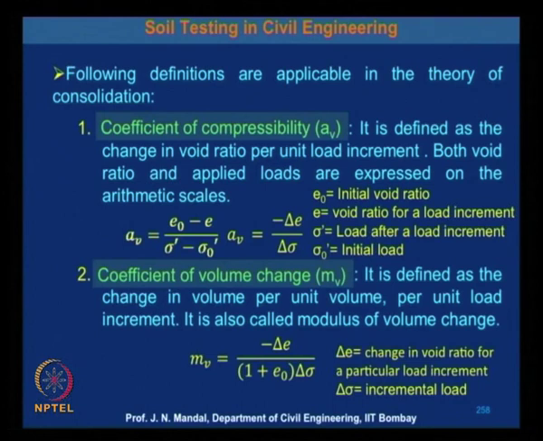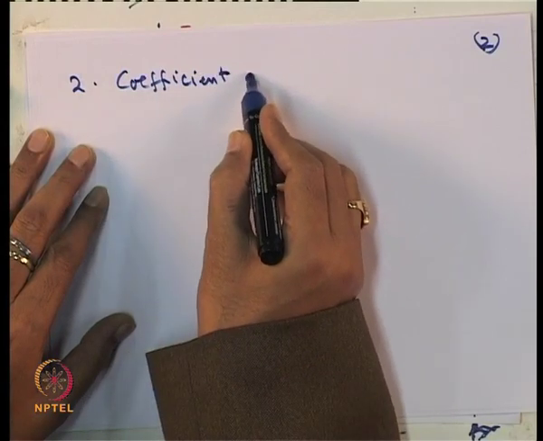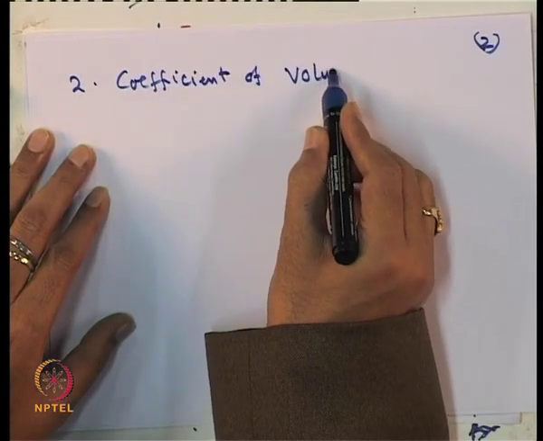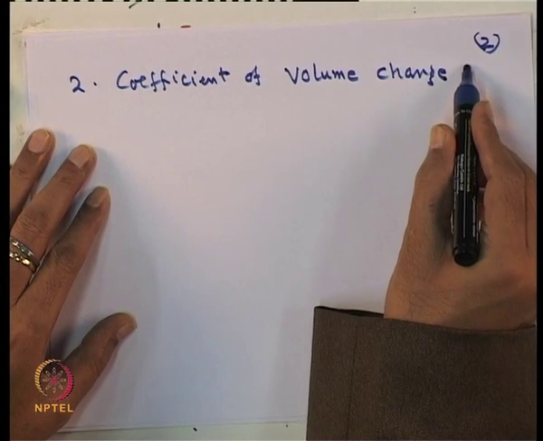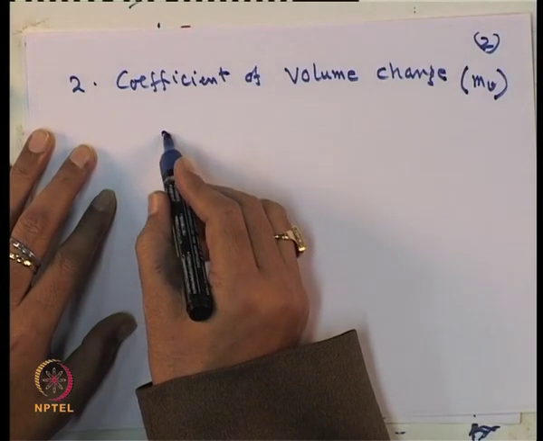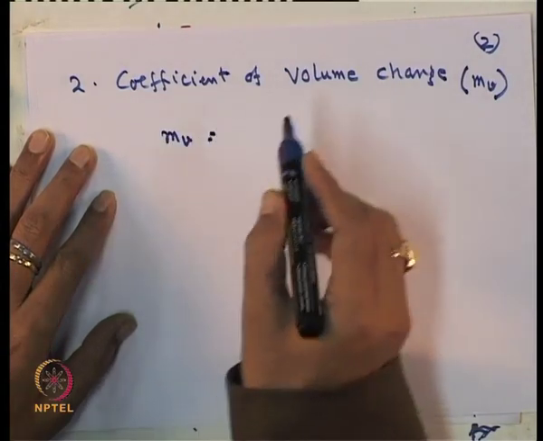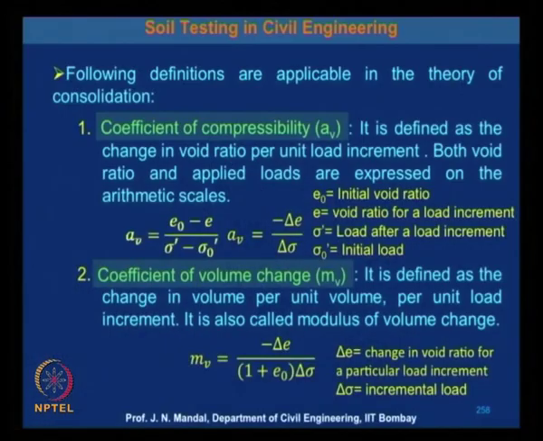Next is the coefficient of volume change, and that is designated as mv. So, what is mv? mv is defined as the change in volume per unit volume per unit load increment.